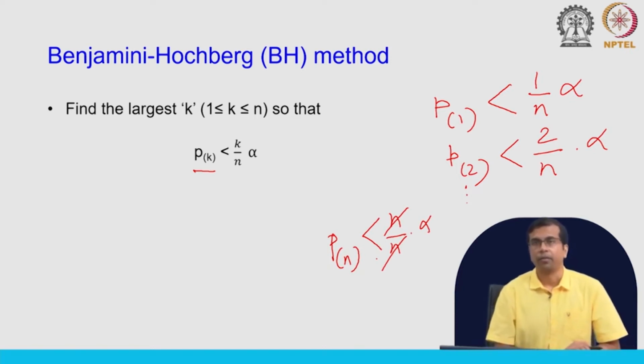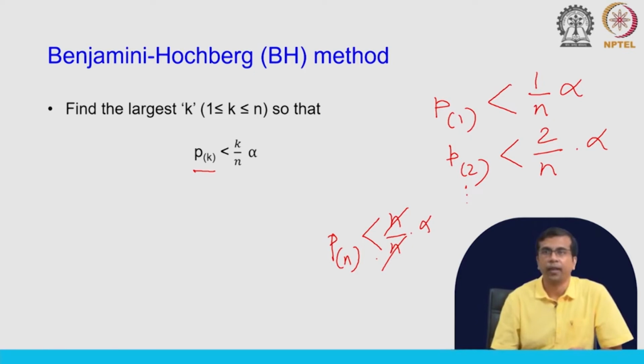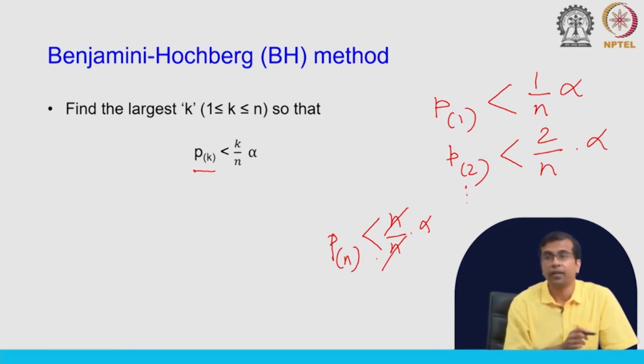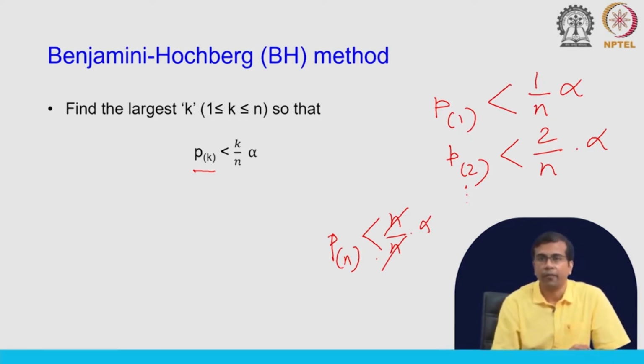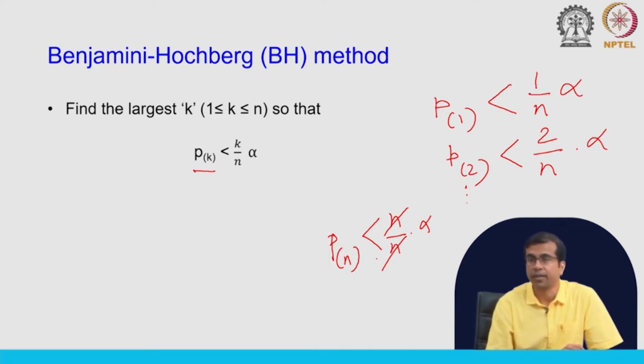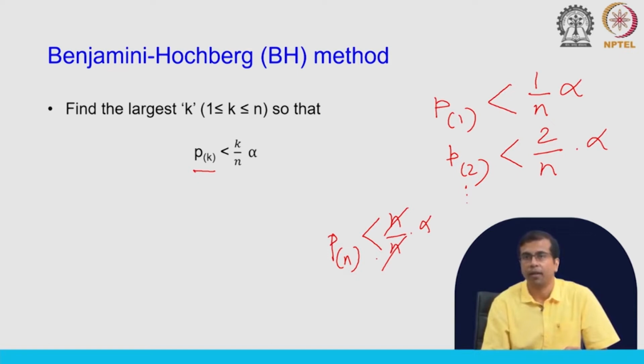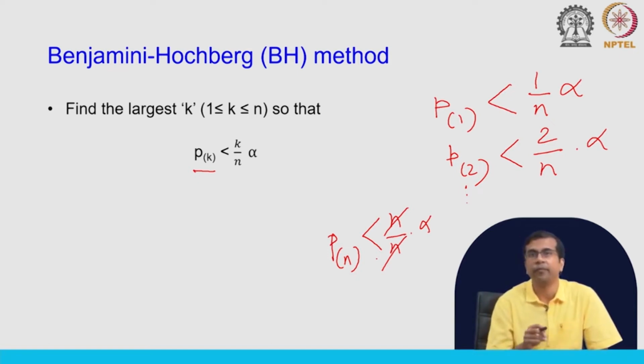When we do these comparisons, we want to find the largest k for which this condition is satisfied. So, p(k) is less than k by n times alpha, and for p(k+1) onward, these conditions are not satisfied.